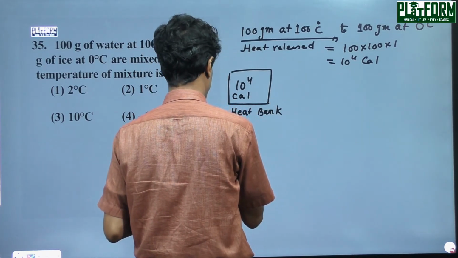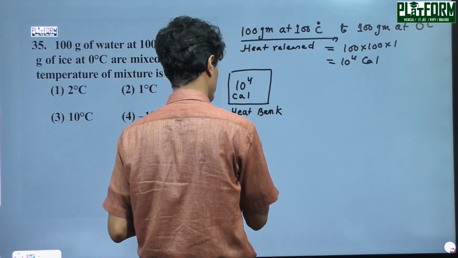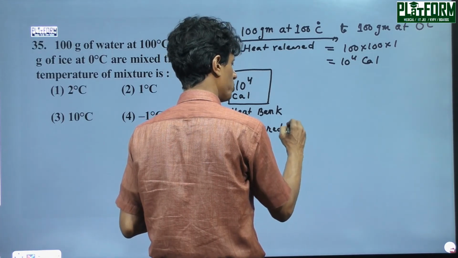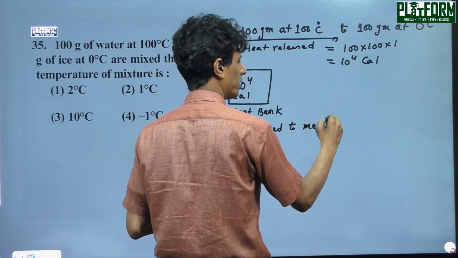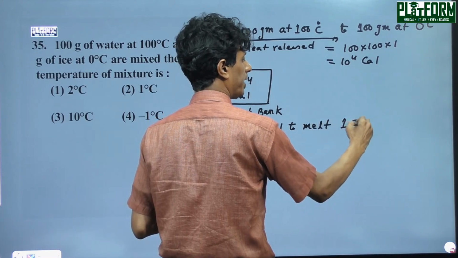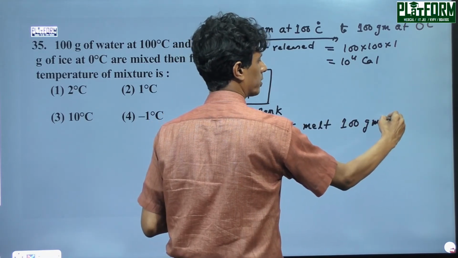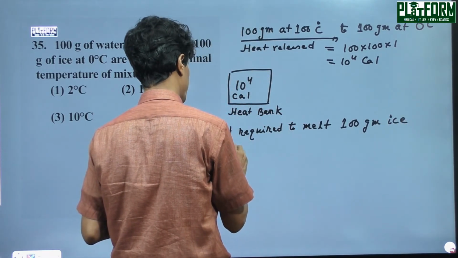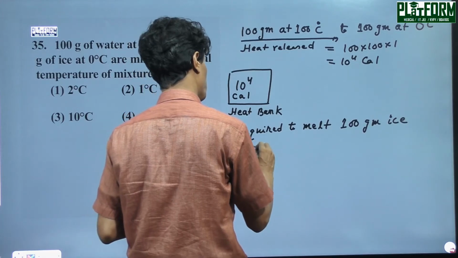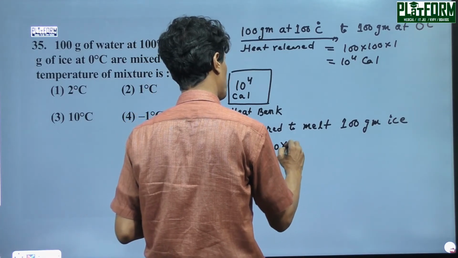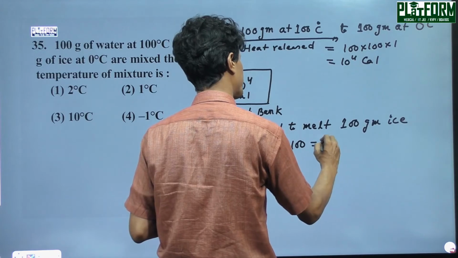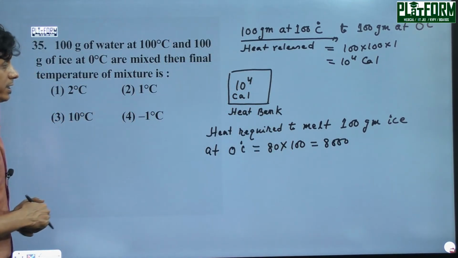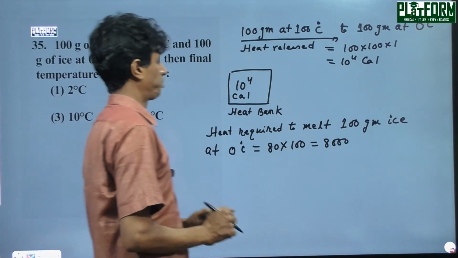Heat required to melt 100 gram ice at 0 degree centigrade is equal to 80 into 100, so 8,000 cal.